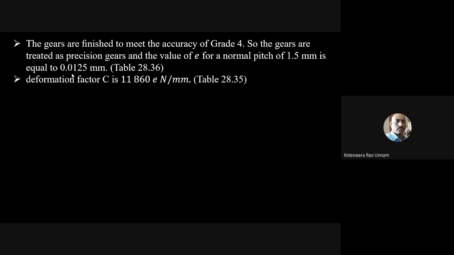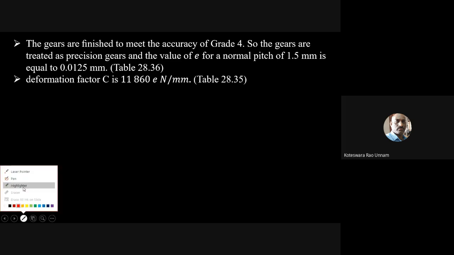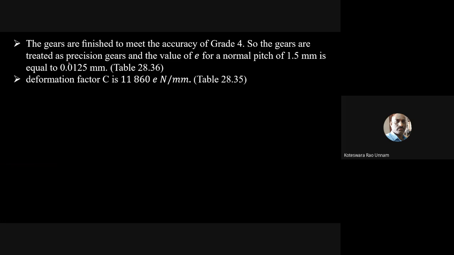I have taken this value from table 28.36. That means in the material I shared with you through WhatsApp, this table is there. Table 28.36. So to pick the value of E, what is the criteria? What type of gears you have chosen? Here we choose grade 4 as precision gears, and the pitch value is 1.5 mm.